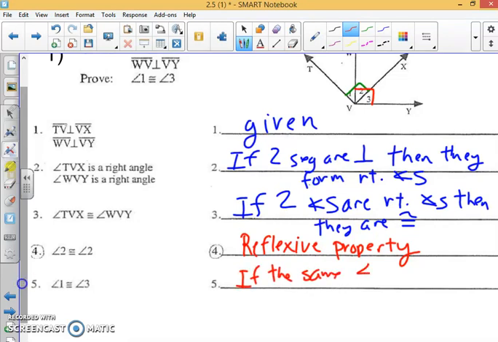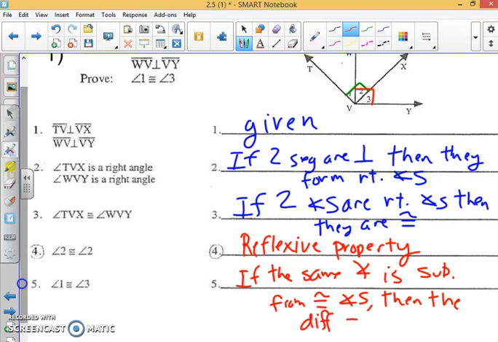If the same angle is subtracted from congruent angles, then the difference is congruent. We should also note what two previous statements we are using. We are using statements 4 and 3. So we should say that there.